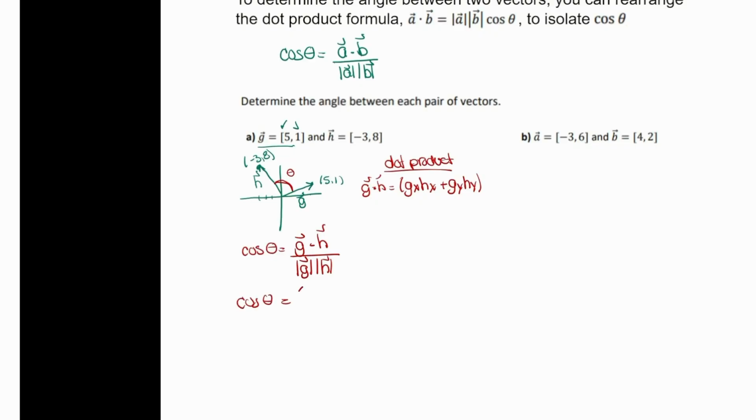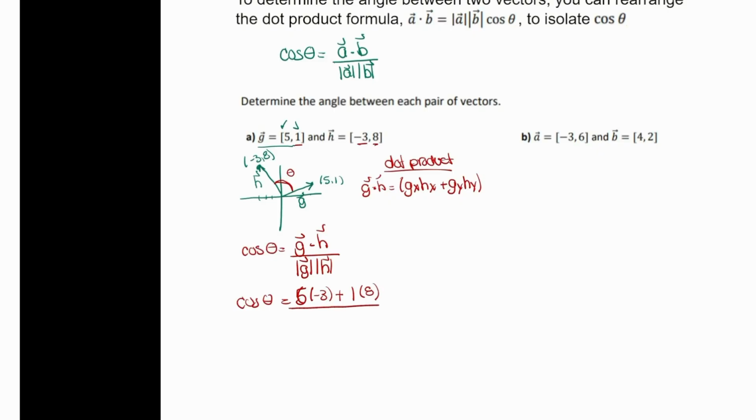The x component of G is 5, so we have 5 times the x component of H, which is -3, plus the y component of G, which is 1, times the y component of H, which is 8.